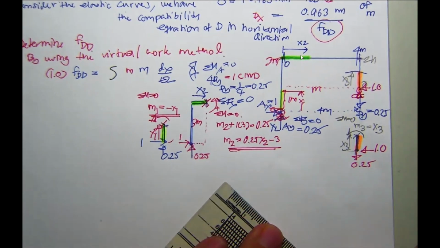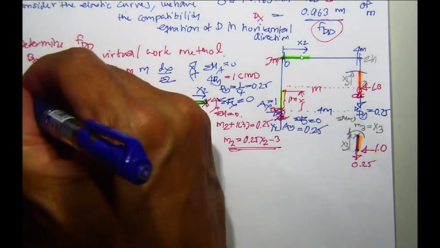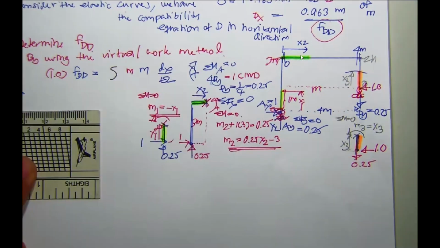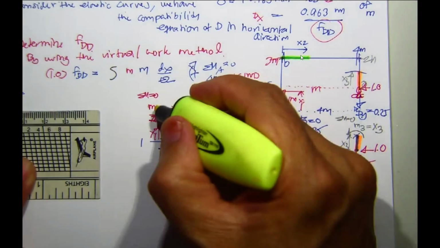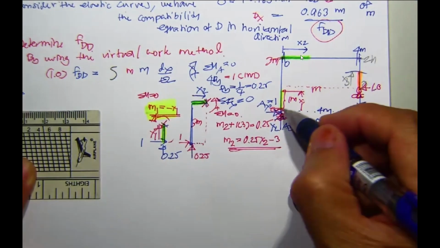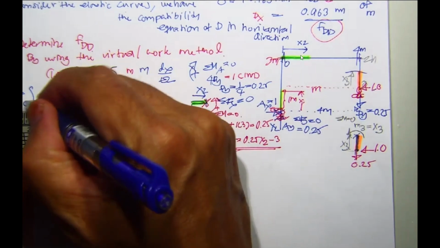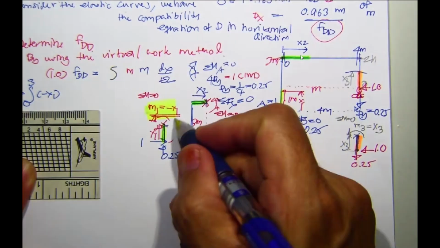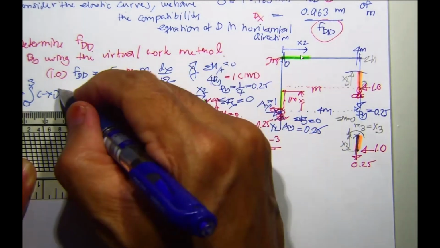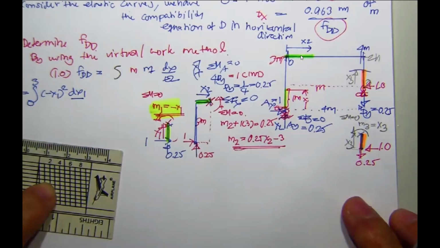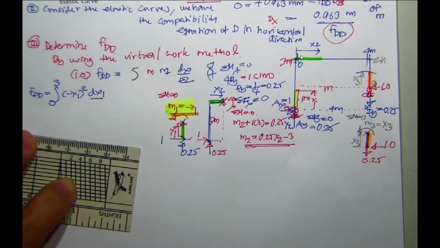Now we come back to our virtual work equation, f sub dd. Let's find what we have. This is going to be small m1, integrate from 0 to 3, and this one will be minus x1 squared, dx1 over EI.